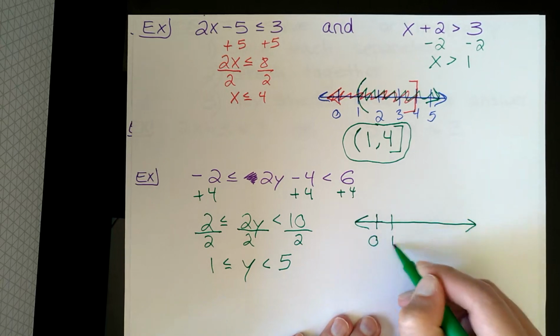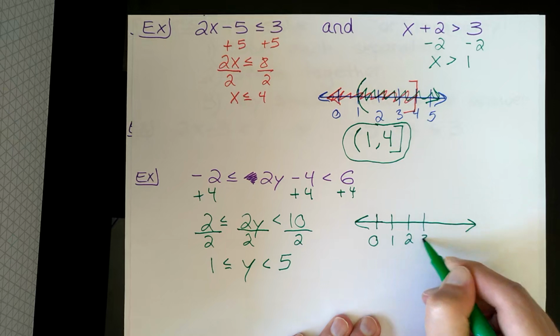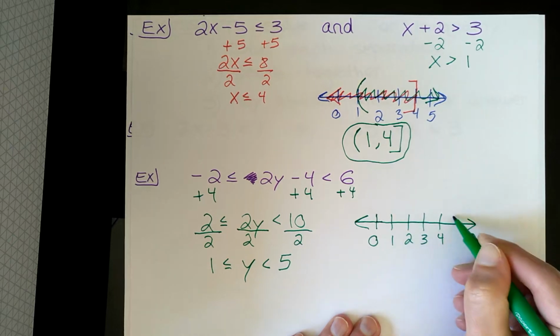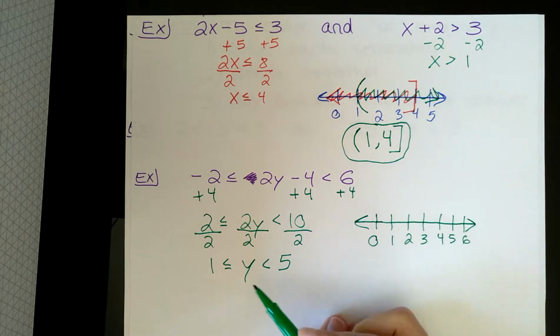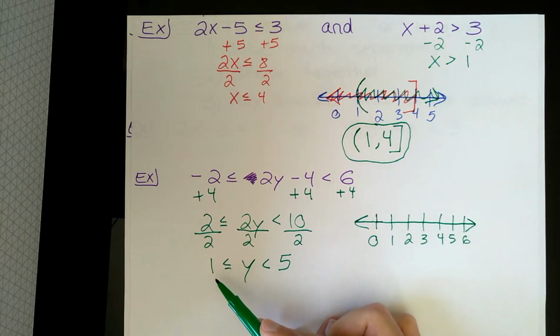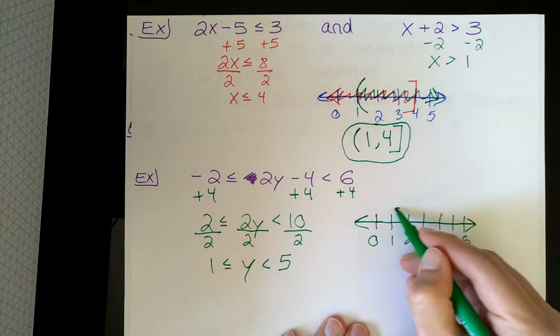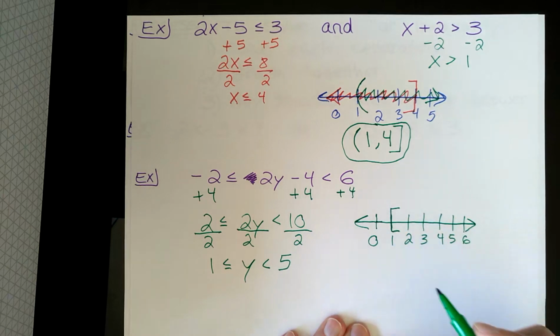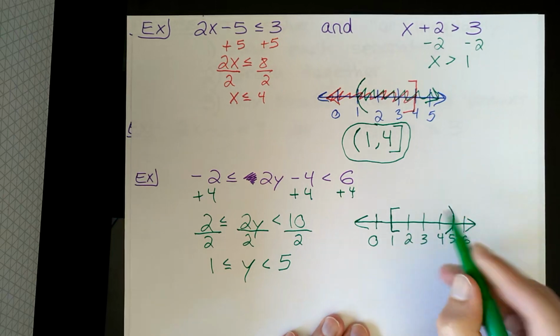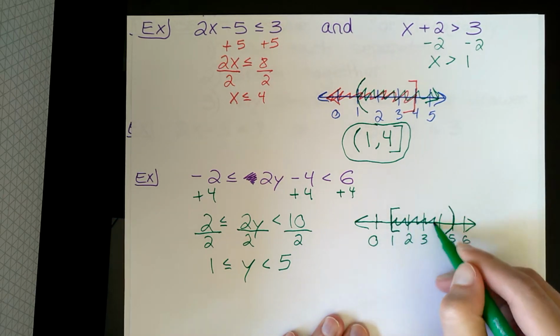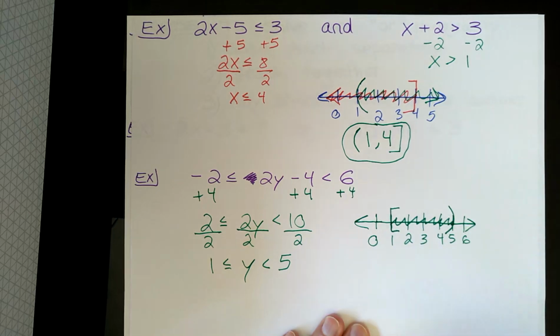So 0, 1, 2, 3, 4, 5, 6. And we know that the graph has to be greater than or equal to 1. So we put a bracket at 1. We know that it has to be less than 5. We put a parenthesis at 5. And we shade in between.